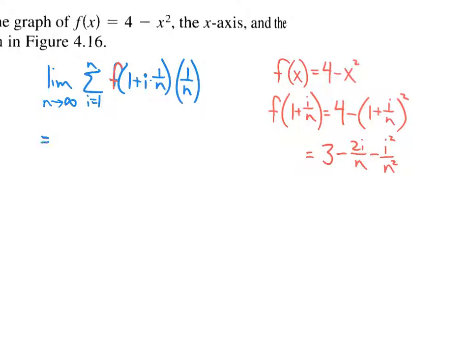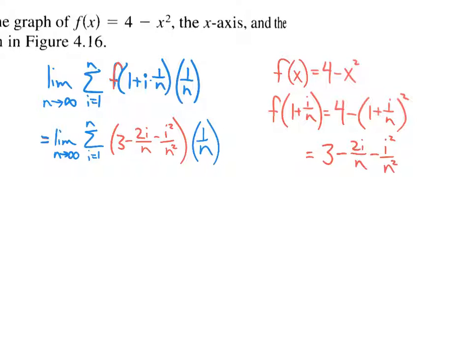We still have the limit as n approaches infinity of the sum from i equals 1 to n of what we just found, 3 minus 2i over n minus i squared over n squared, times the 1 over n. Yeah, 1 over n, we're going to distribute here.